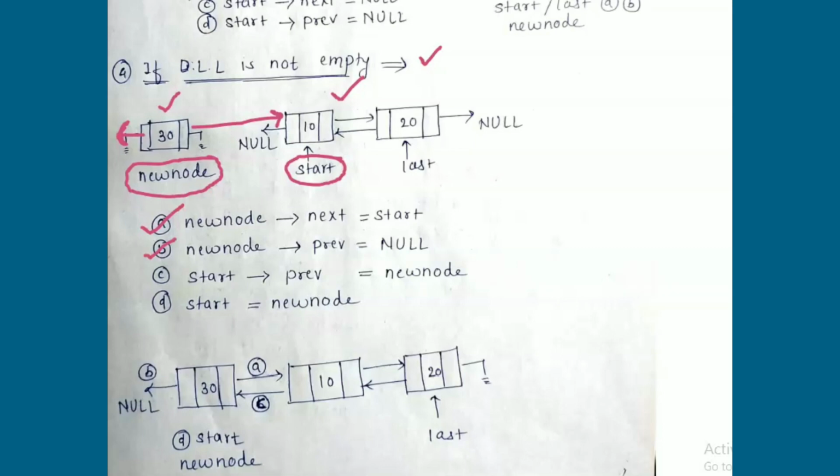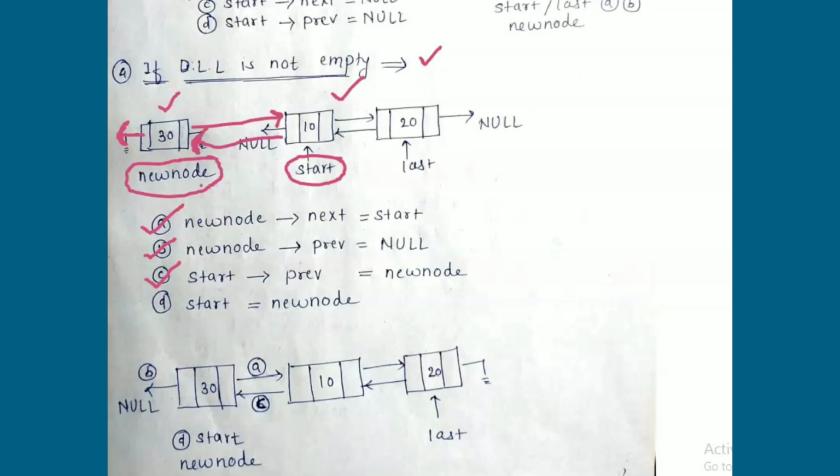Before adding the new node, start previous value is null, but now we have added this new node before start, so start previous becomes new node. That was the third statement, start previous equal to new node. And we are adding a new node at the beginning, which means this new node becomes the new start of my linked list.